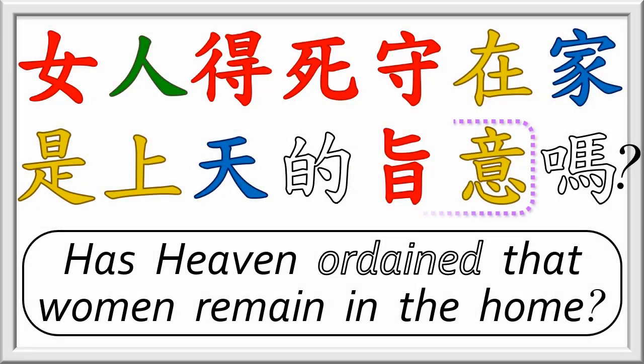Notice the expression for commoners, literally the 100 surnames. 女人得死守在家，是上天的旨意吗？Has heaven ordained that women should remain in the home?